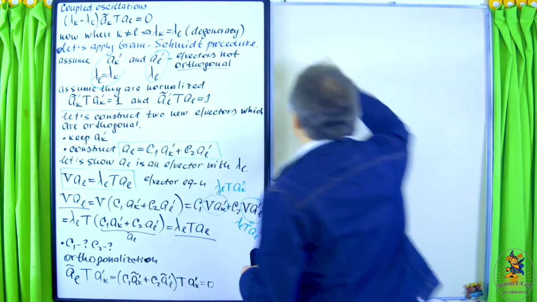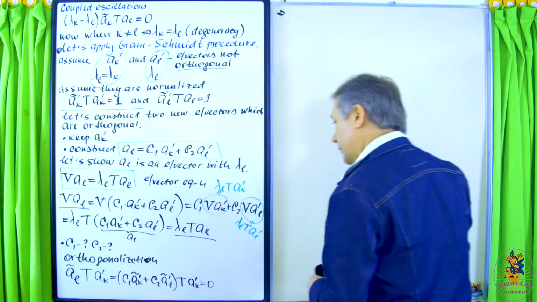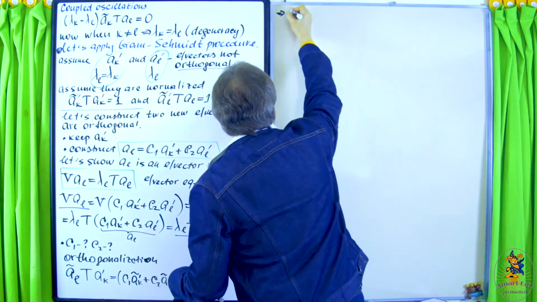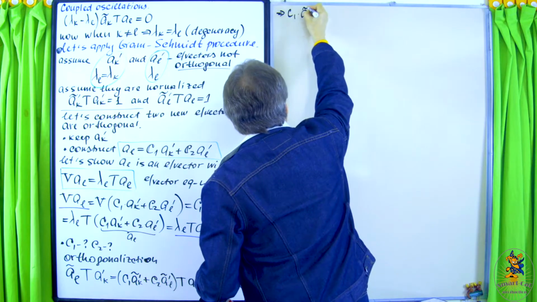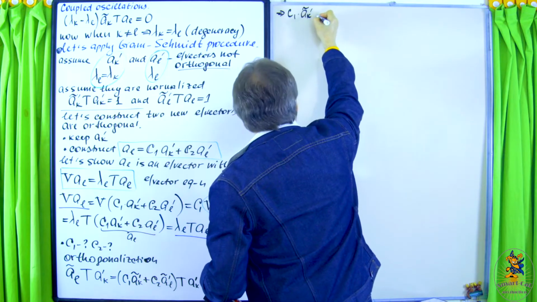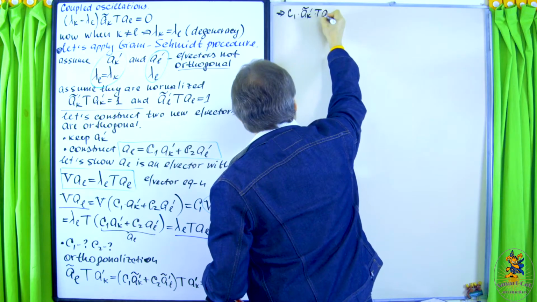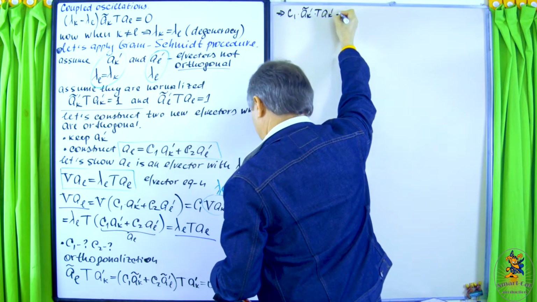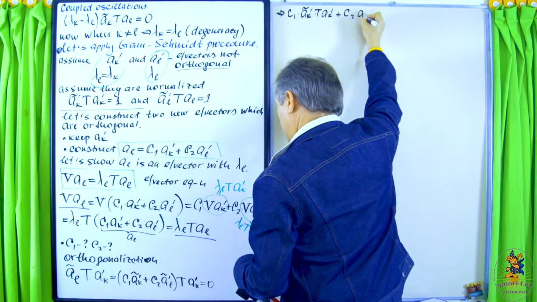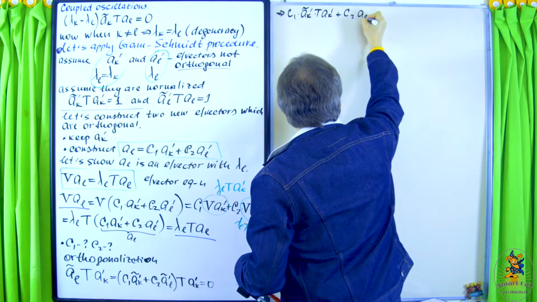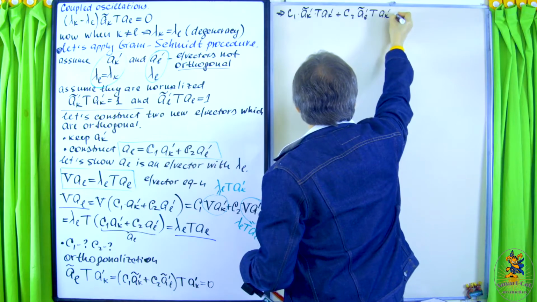So now, let me put this arrow, and it will be C1 A sub K prime transposed, T, A sub K prime, and then plus C2 A sub L prime transposed, T, A sub K prime.